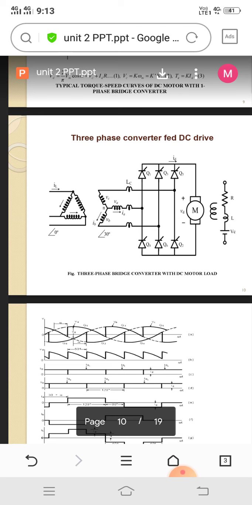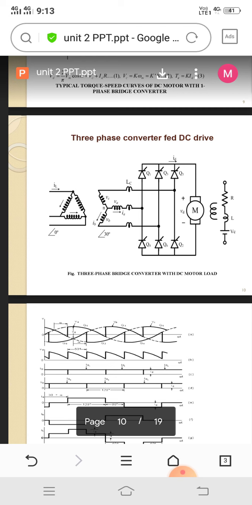Now the circuit is very confusing as to which switches to turn on and which to turn off. For that purpose, we arrange the 6 switches into switching sequences in a particular manner.